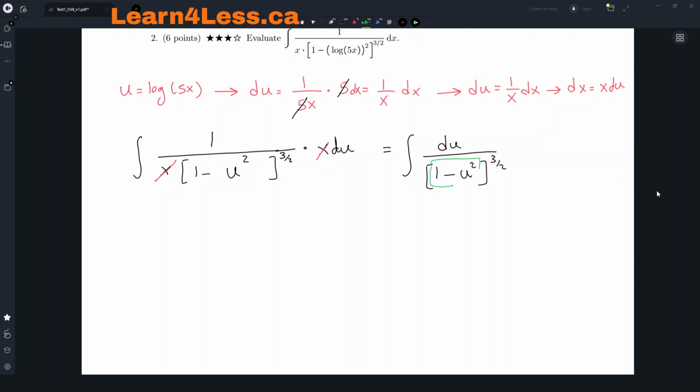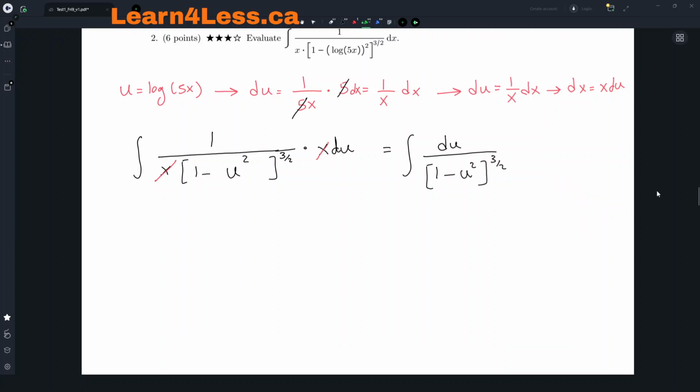What we see here is 1 minus u squared. And if you recall, when we have 1 minus x squared, 1 plus x squared, or x squared minus 1, these are perfect trig substitution templates. Not necessarily 1, just any positive number. We have 1 minus u squared, which is one of these templates.